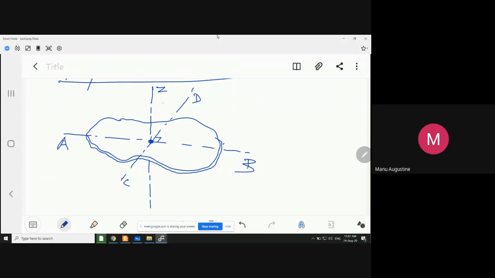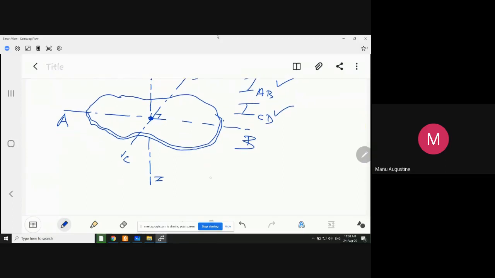Now, the perpendicular axis theorem says that if the moment of inertia about AB is known to you, and the moment of inertia of the area about CD is also known to you, then you can simply say that the moment of inertia IZZ will definitely be the sum of the moment of inertia about AB and the moment of inertia about CD.